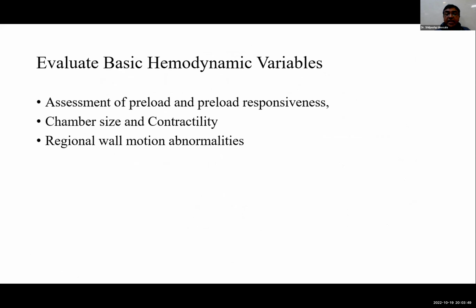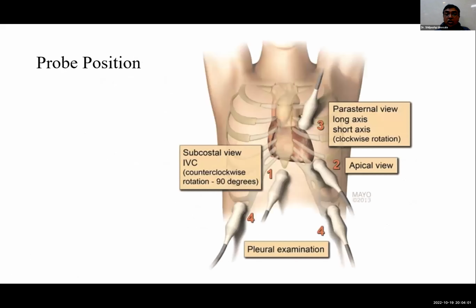And of course, transthoracic echo is used for assessment of preload and volume responsiveness, to look at the heart size and contractility of the chambers, and also to look at regional wall motion abnormalities. To quickly look at the routine images, you can look at the parasternal long axis and short axis when you keep the probe just beside the sternum with the pointer of the probe looking at the right shoulder.